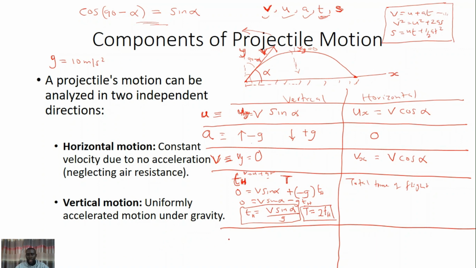Now let's move on to take care of the maximum height, which will be represented by h. To calculate the maximum height h, we are going to use a formula. Which formula can we use here? We need a formula that has s, which is the height, and the time and other parameters that we know.